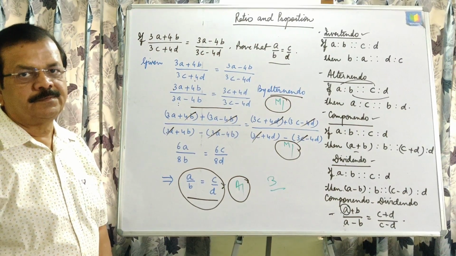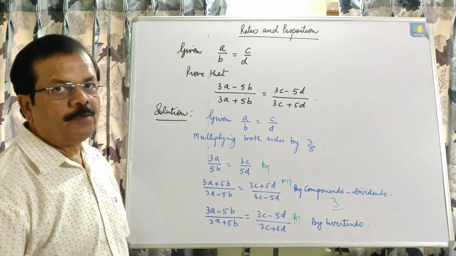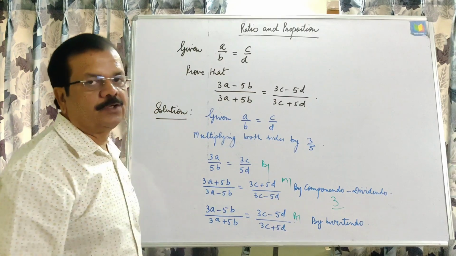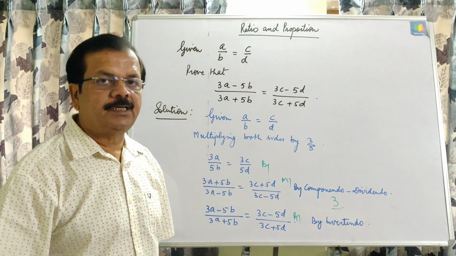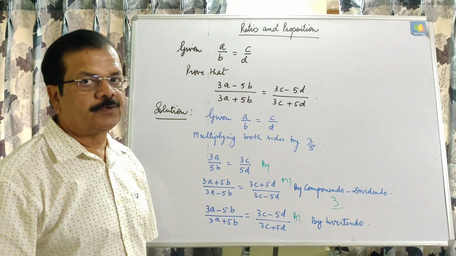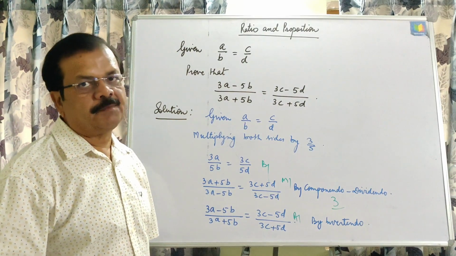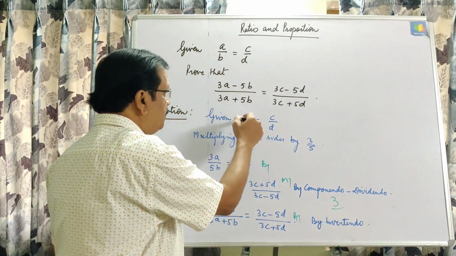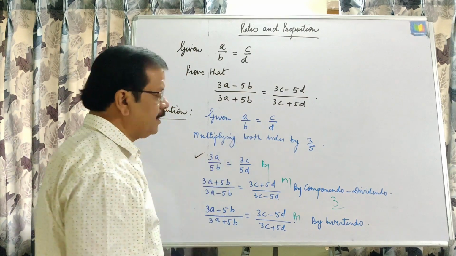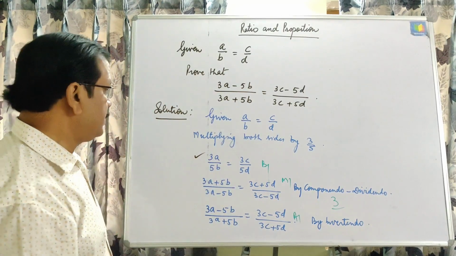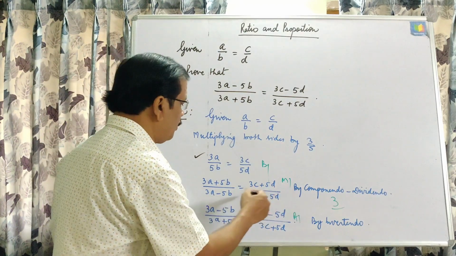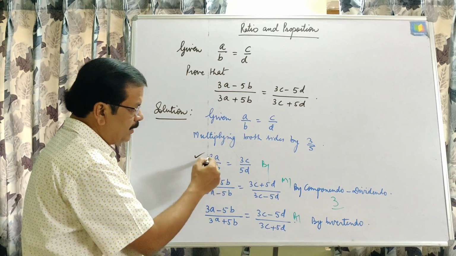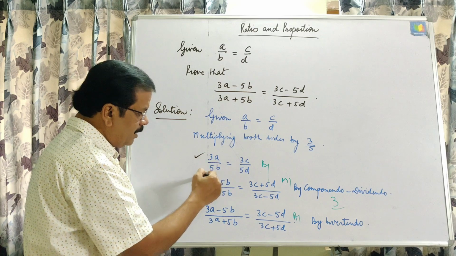Now next question. Given A upon B is equal to C upon D, prove that (3A minus 5B) upon (3A plus 5B) is equal to (3C minus 5D) upon (3C plus 5D). This is also an important question and can be asked as a 3 marks question in section A. Okay, given this, multiplying both sides by 3 by 5, this way we are getting 3A upon 5B is equal to 3C upon 5D. Then applying componendo dividendo, that is A plus B upon A minus B, that is 3A plus 5B upon 3A minus 5B.